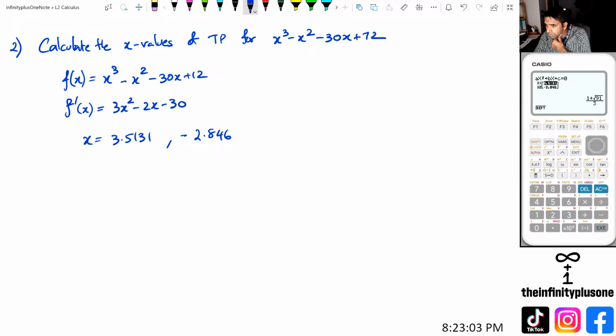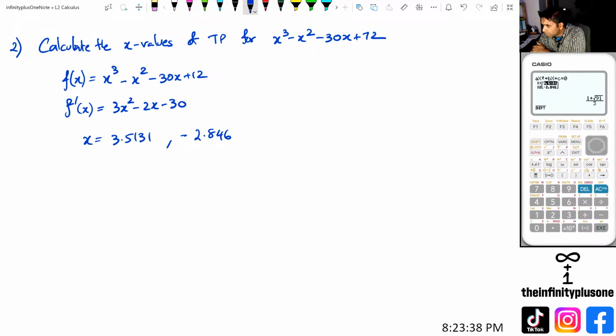Where was it? Jeez, they don't really give basic gradient turning point. I'm just looking through the old exam questions. Nope. Function. Nope. That's it. So what we might do is I might just pick up a random question for us to try and work through.